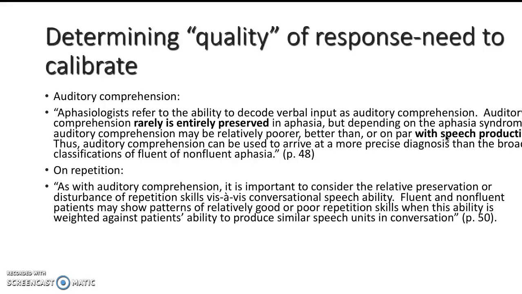So it's still a little bit of a comparison. You still have to use clinical judgment, but the idea here is that you're comparing to speech production.